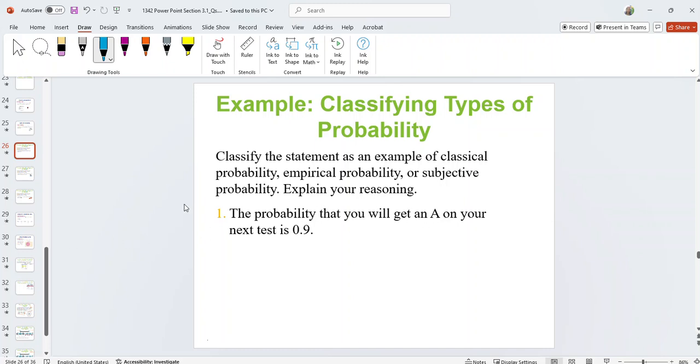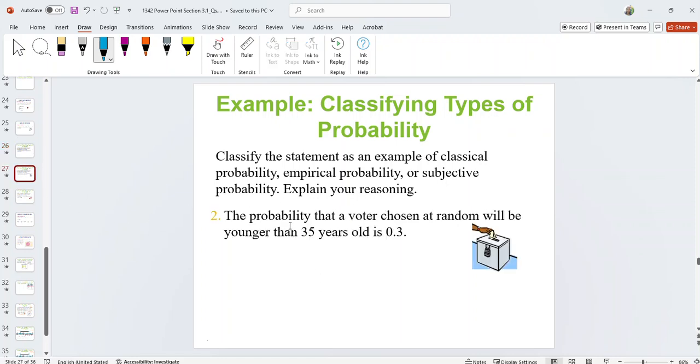And the probability that a voter chosen at random will be younger than 35 years old is 0.3. Okay, so what kind of probability would this one be?